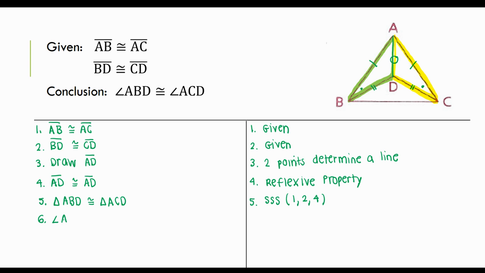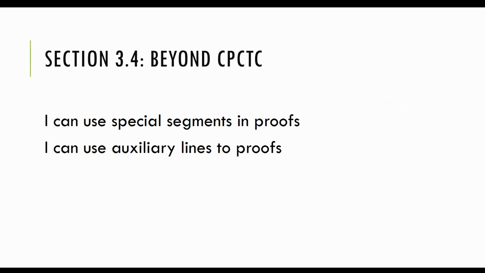So I do have enough information to go to my conclusion, and the reason why these two angles are congruent is because of CPCTC. Corresponding parts of congruent triangles are congruent. We had congruent triangles, that's why any other pieces are congruent. So that's us using special segments and proofs and using this auxiliary line where we were able to draw in something.